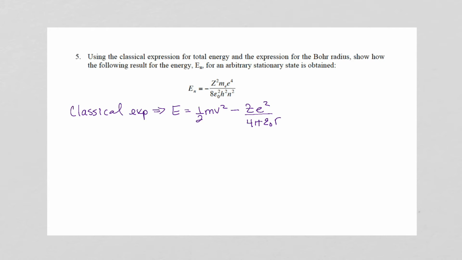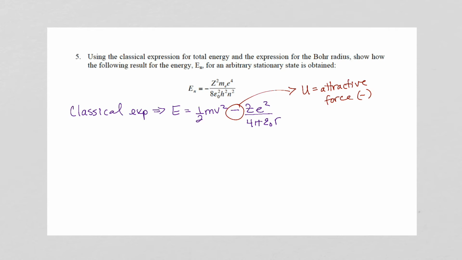Okay, so one thing to point out here is, where did this minus sign come from? Why aren't we adding them together? Well, we are, but remember our potential energy U here is an attractive force, so it gets a negative sign for us.